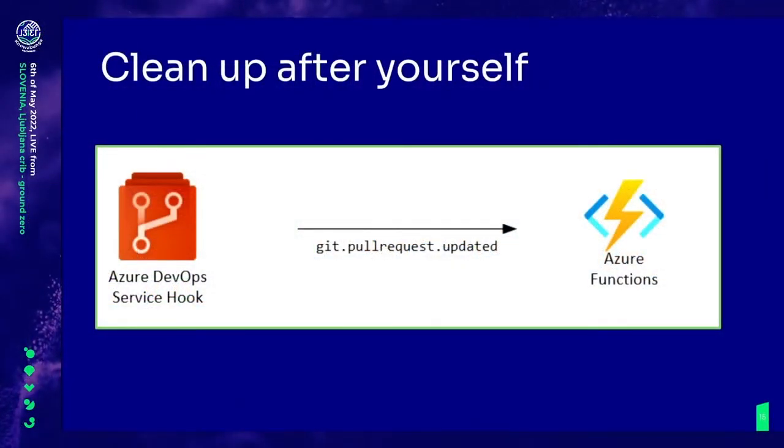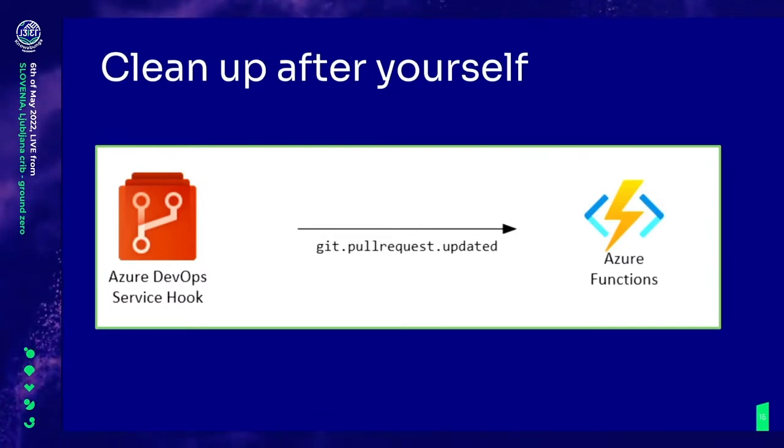It's not that important, but it includes the current status of the pull request. We look for that string which says completed or abandoned, and then it also includes the name of the source branch that was used in the pull request.